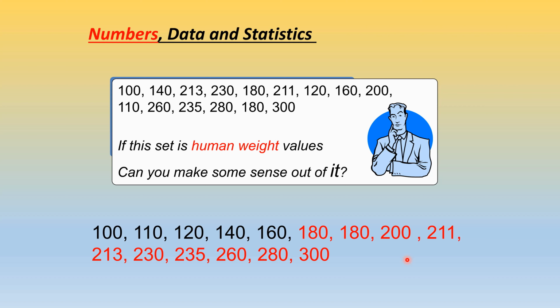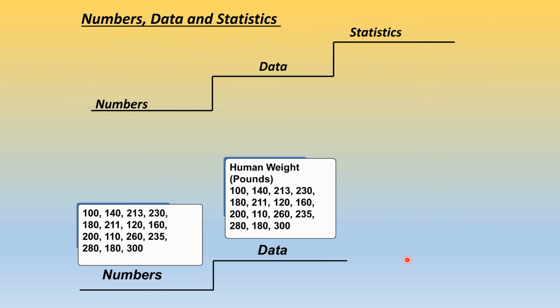The only problem with stopping here is a lot of data could be massive, immense. This very simple ladder that you see here is taking us from numbers, which we already know, to data after we define the numbers into some kind of parameter, such as human weight, and define the units.